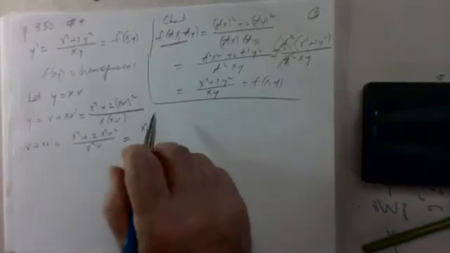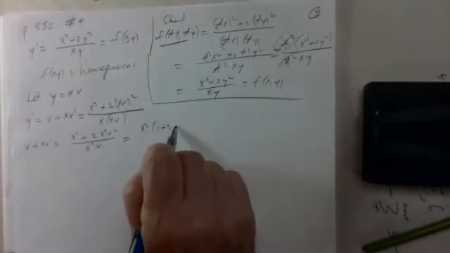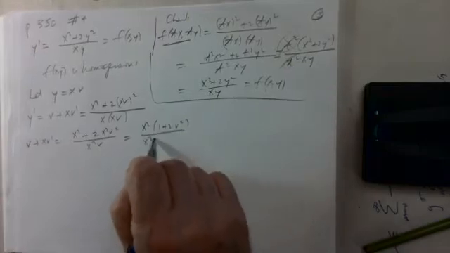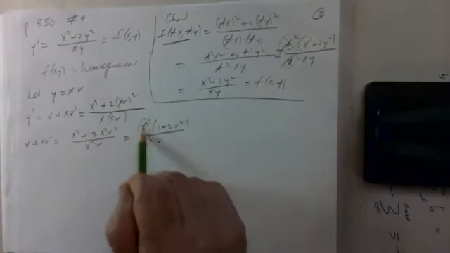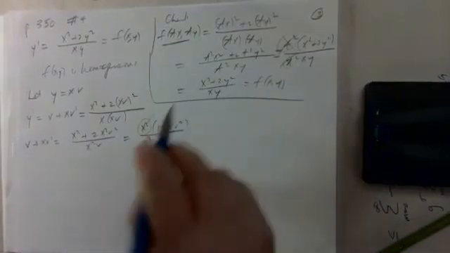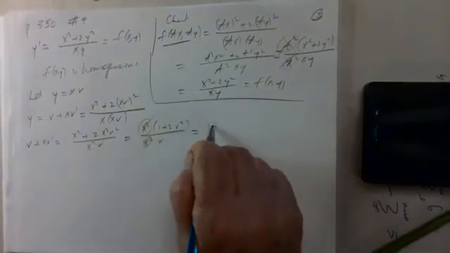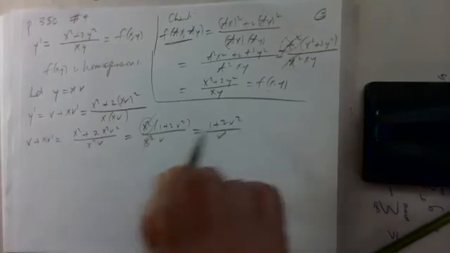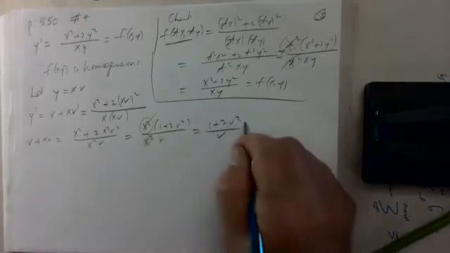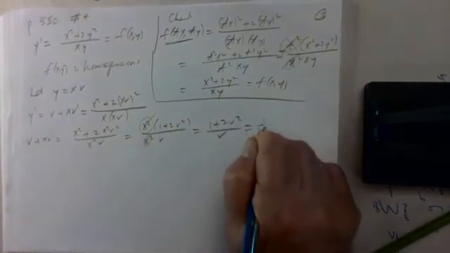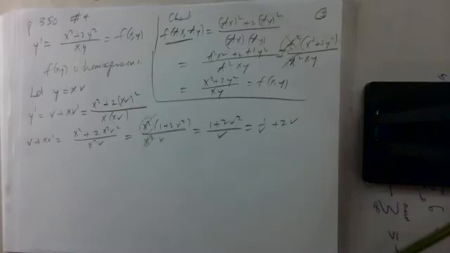I can factor x squared out of the numerator, and I get some cancellation. These cancel. So this is 1 plus 2v squared over v, or 1 over v plus 2v.